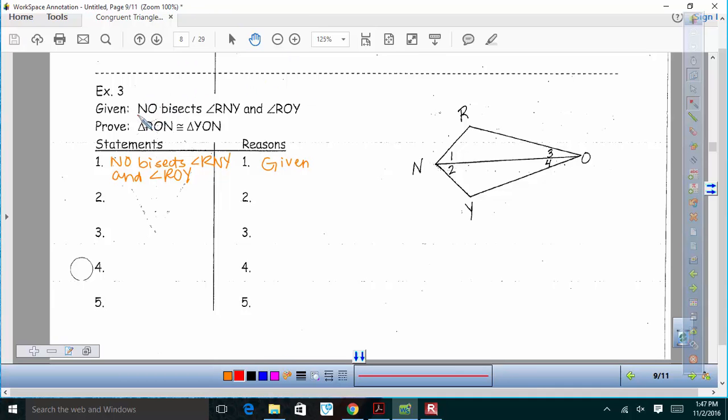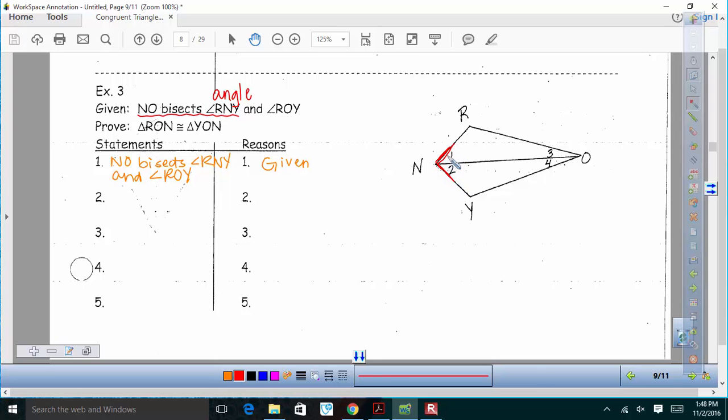So the first one is NO bisects angle RNY. So if I'm bisecting an angle, I'm going to have two congruent angles. So the angle it's talking about is RNY, which is this whole angle right here.